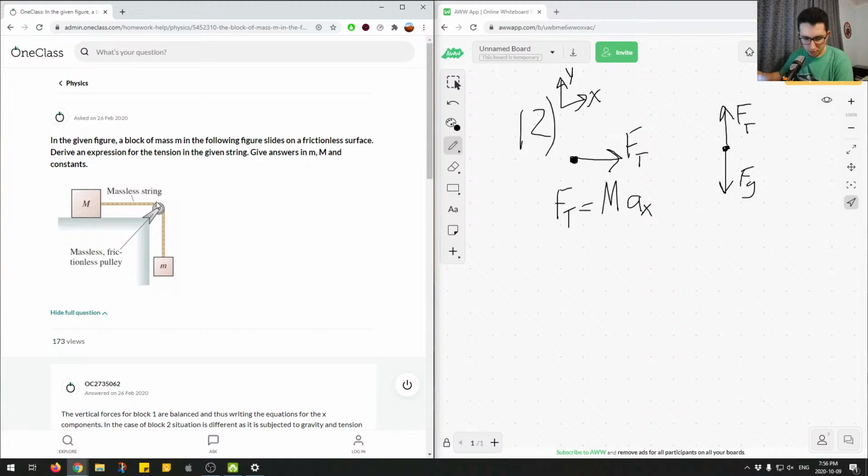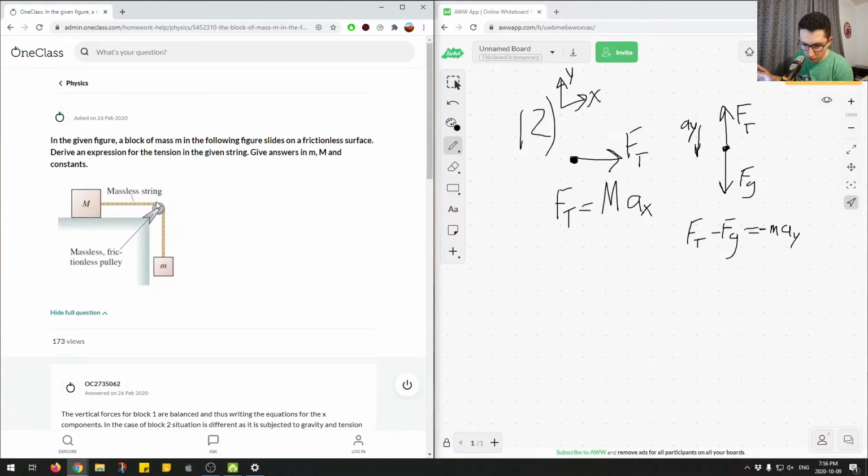Okay. And then we'll use F net equals ma to derive the second equation. So we know the acceleration here is downward. So acceleration in the y is downward. So we know Ft minus Fg, the net force in this free body diagram, will equal mass, lowercase m, times acceleration in the y, and it's in the downward direction, so we'll put a negative sign in the front.